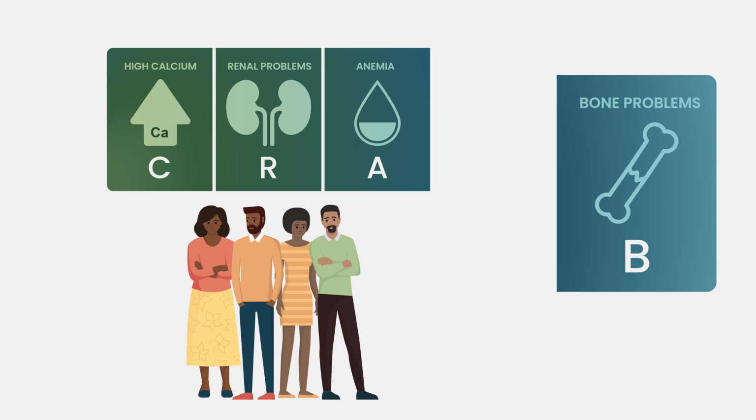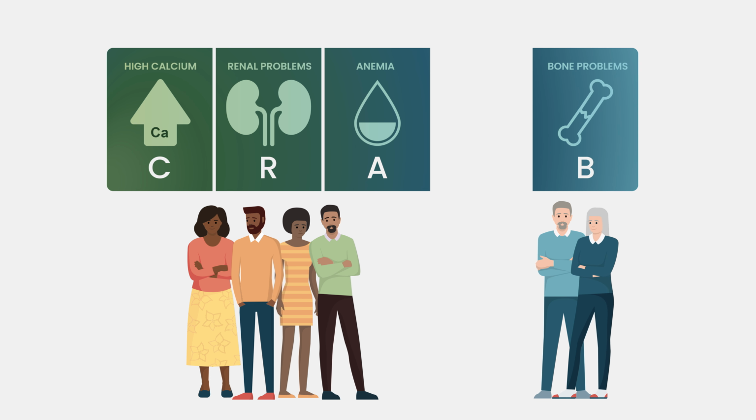Caucasian patients are more likely to present with bone disease than Black patients. When you look biologically at the cytogenetics from one group of patients to another, you might see a higher risk of high-risk cytogenetics in one group versus another. That can also be a disparity in and of itself.